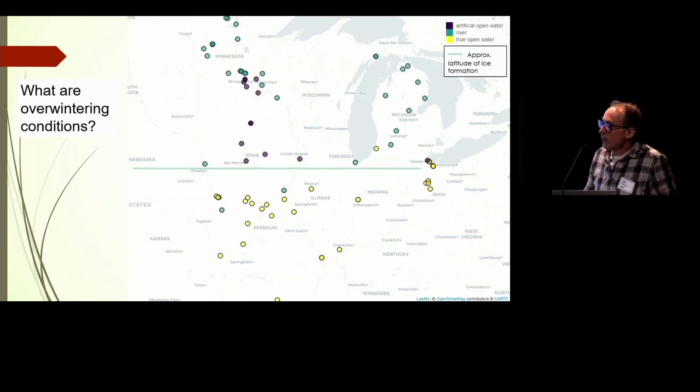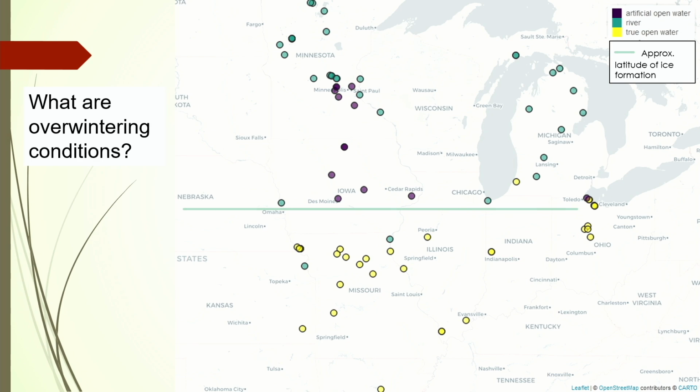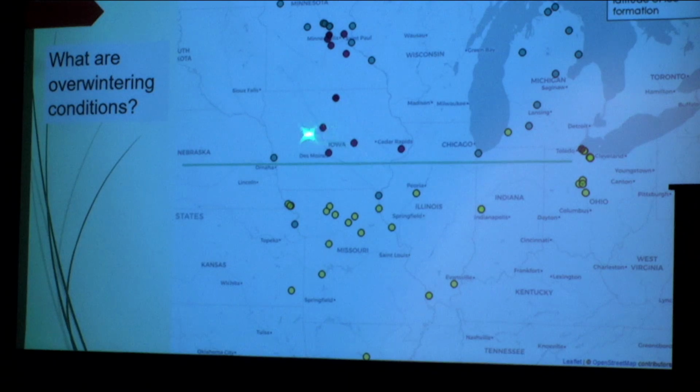If you look at overwintering conditions and the type of area where we found swans, essentially there's this sort of line that goes across Iowa below which swans were able to access open water quite easily on natural areas, whereas above that line, swans looked like they were targeting rivers or other areas that were kept open artificially using aerators or other things.